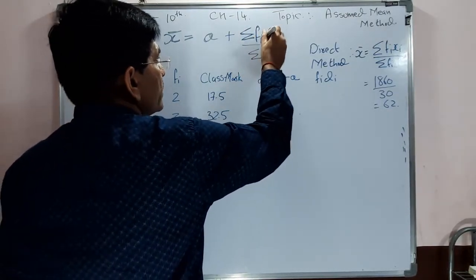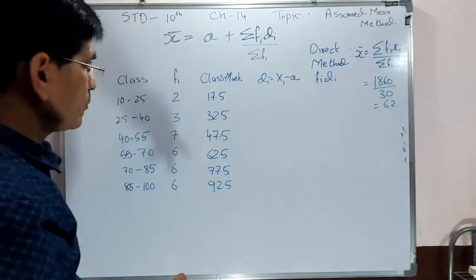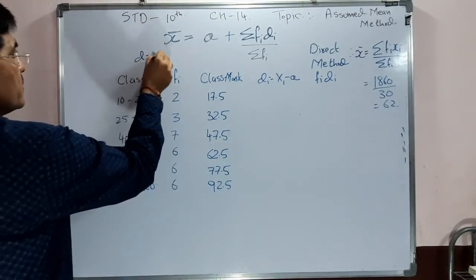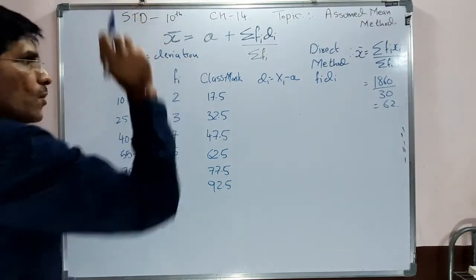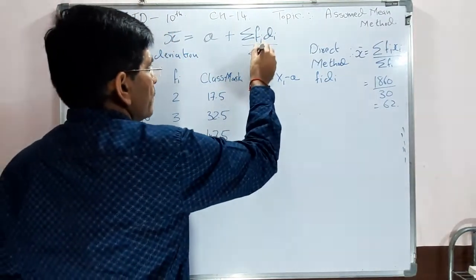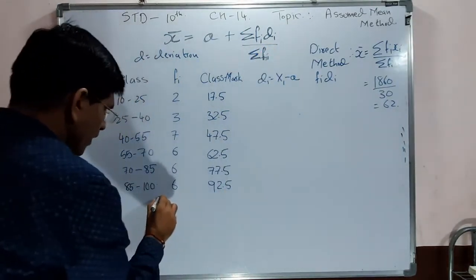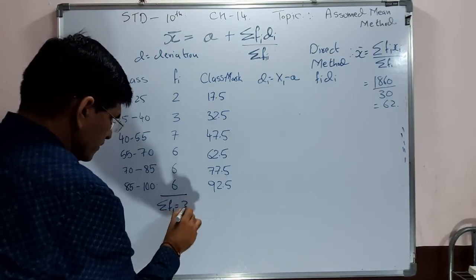Here one new thing is there, d. What is the meaning of d? d means deviation. And sigma fi is the sum of frequency, which we already know; the answer is 30.